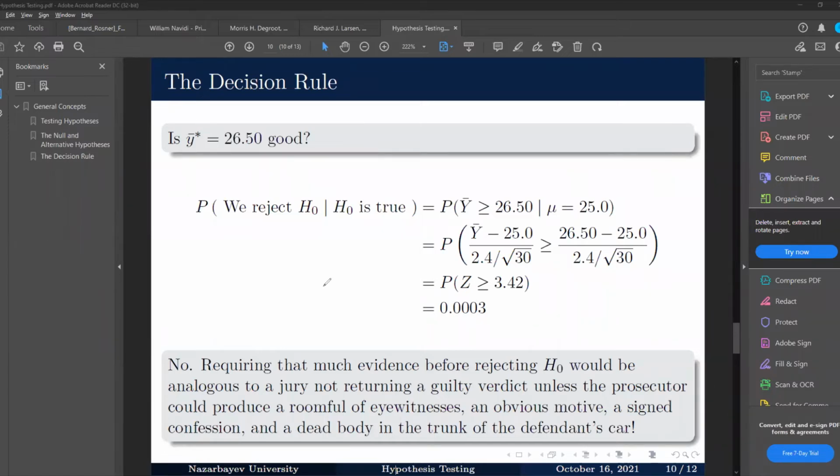And in fact, when we get to the chapter on power of a test, we'll see that this probability is related to the following probability: the probability of failing to reject H naught under an assumption that H1 is true.